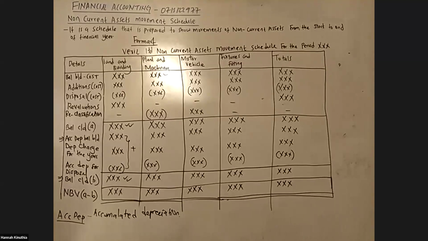Nara tusomea. That is on page 10. The question is for August 2024, question number 5. Open page 10. So August 2024, question number 5C.